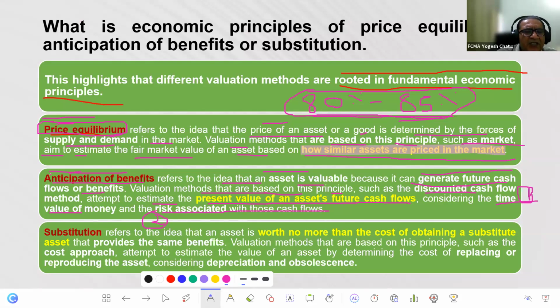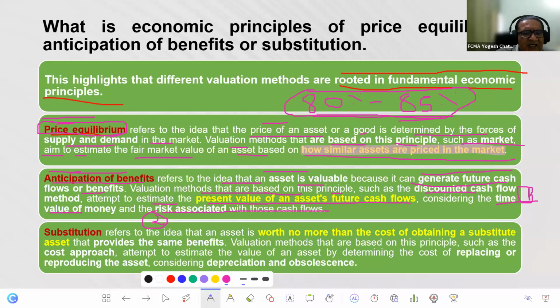Whereas unsystematic risk is related to a particular asset or a particular company. So if you are doing the valuation of, say, a land and building, and that land and building is located at a very isolated place, it will have more risk as compared to a land and building located in the prime area of a city.